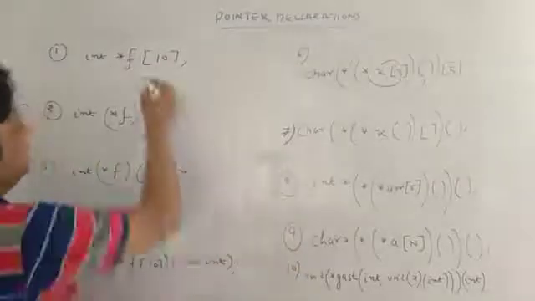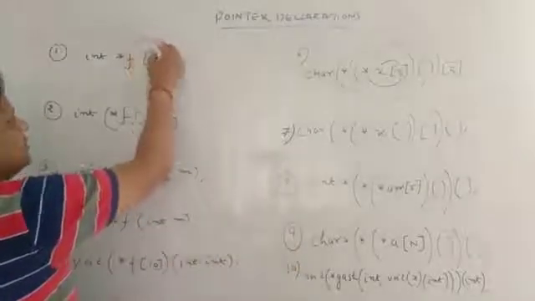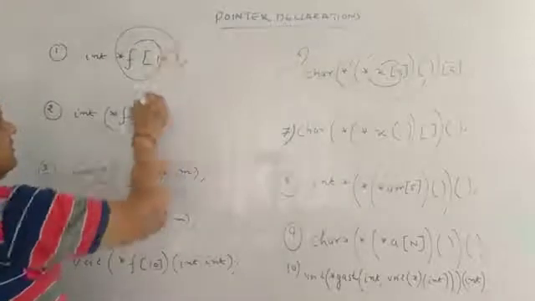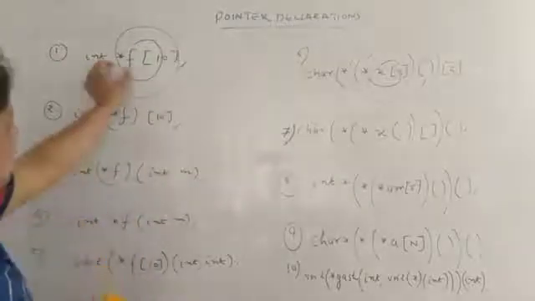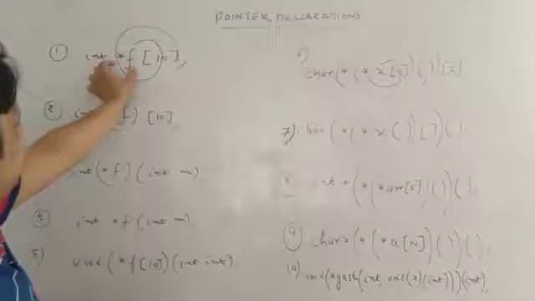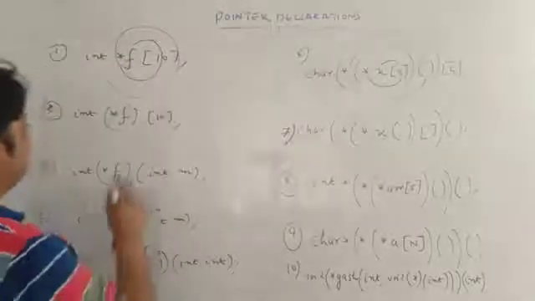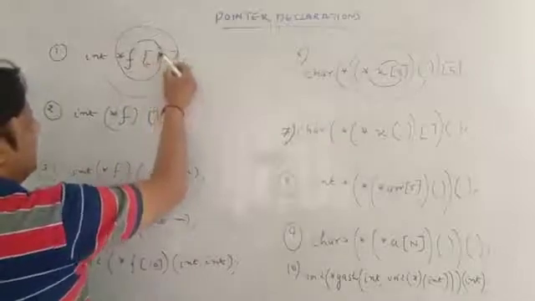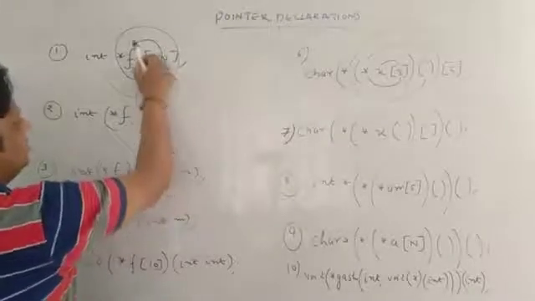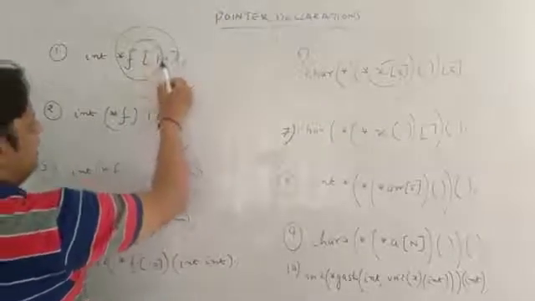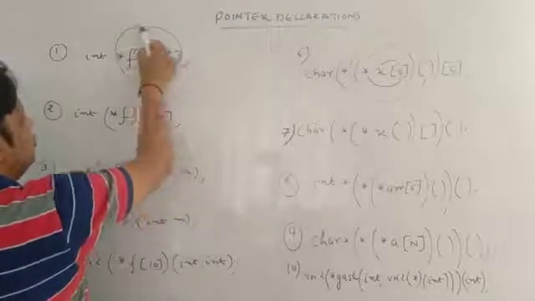Now given this first expression, how will you read this? There is a clockwise rule to read this. We go by this, right, like this. Now what is f? Since f is not in a bracket, this star f is not in a bracket, therefore f is not a pointer, right? So f is an array of 10 pointers to integer.